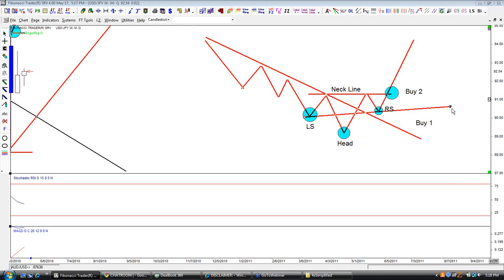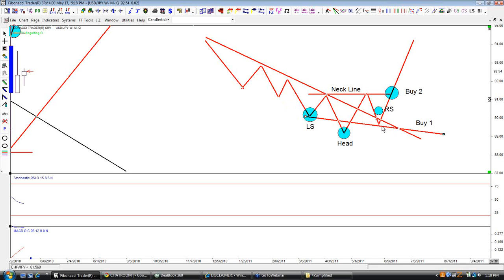If it goes lower. So Rodney is saying that if it goes lower than the left shoulder, like this, if it takes it. Now, I also don't like trading head and shoulders that look like this.